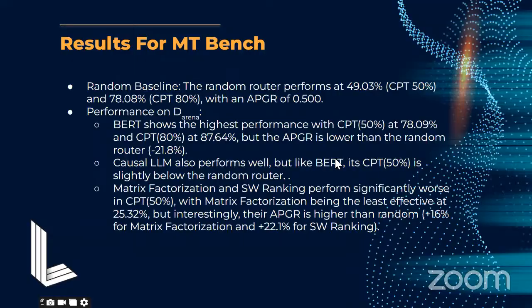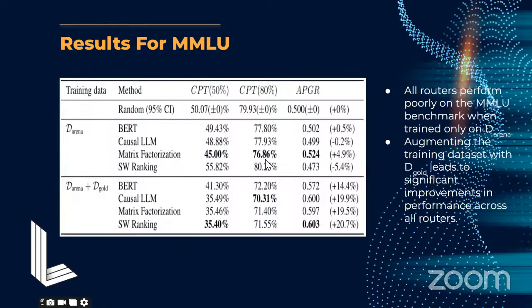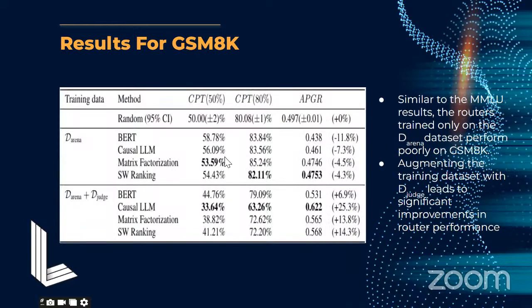Similarly, there are results for MMLU. These are the points I have jotted down. In MMLU, similar to MT-Bench, matrix factorization and SW ranking work better on the Arena platform data. And when it comes to the Arena and gold dataset, the causal LLM and SW ranking perform better. When we talk about the results for GSM8K, on the Arena data, similarly to MT-Bench, matrix factorization and SW ranking work better.